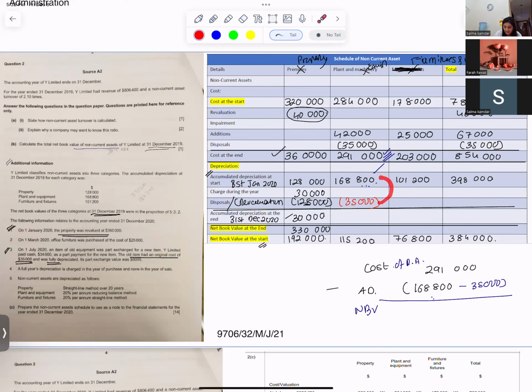So this 35,000 is included in this 168,800, so I will have to remove it. 168,800 minus 35,000 becomes 131,800. So the net book value is 291 minus 131,800, which is 159,200.